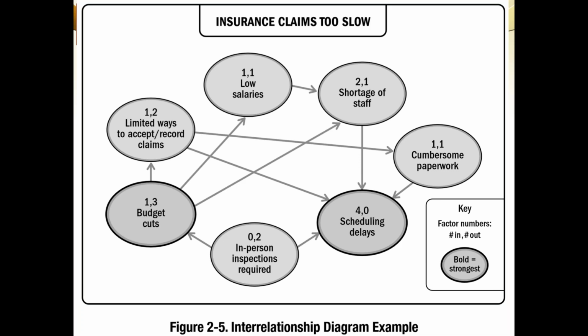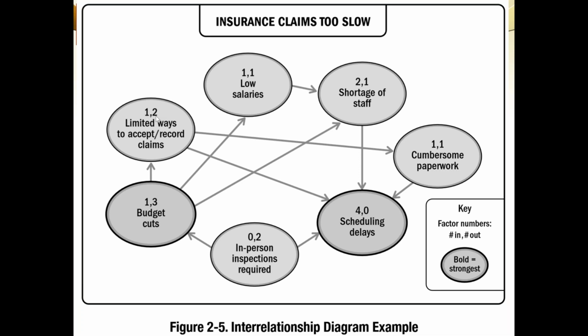Do you understand how this diagram is made? Yes, sir, but it is complicated as compared to fishbone, right? Yes, of course, but what you can understand from here is there is a number written on each one of these boxes.